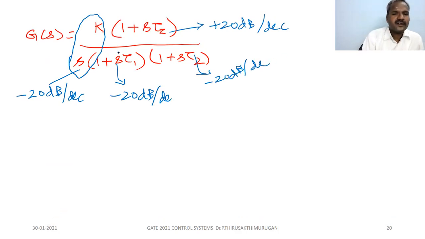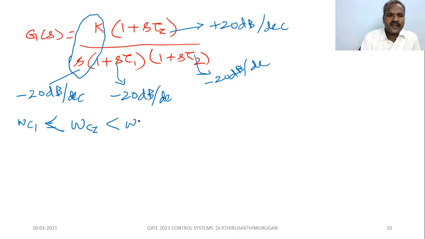Assume omega C1 is less than omega C2. This is 1 by tau 1.